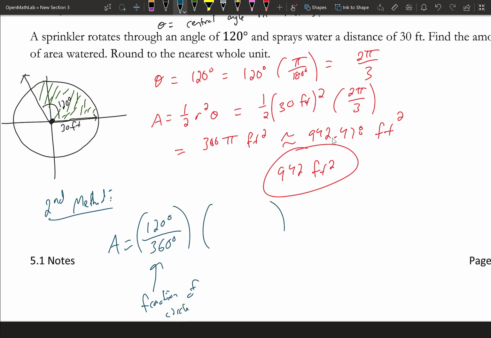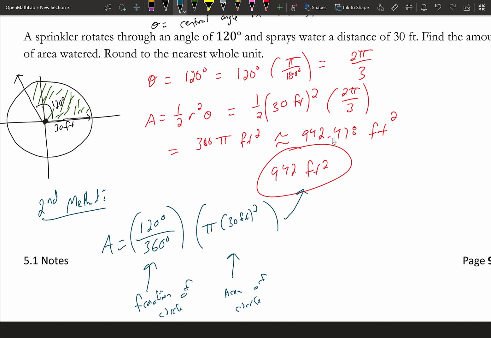And then here, I just want to multiply by the area of the circle, which is pi r squared. So this would be pi times 30 feet squared. If I multiply these together, I'll come up with the same amount. So it'll work out to be the same.